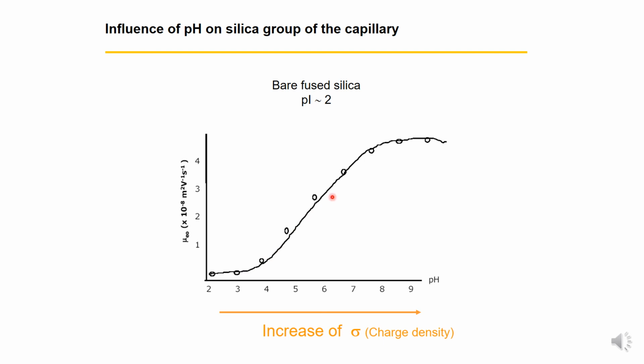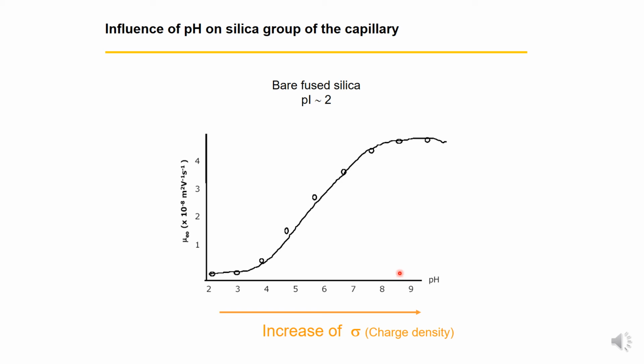And if we increase the pH, we have deprotonation of the silanol group, and then of course the charge is higher as compared to the low pH, and then we have a high electroosmotic mobility. It is very simple to understand. So we can control the electroosmotic mobility with these parameters.